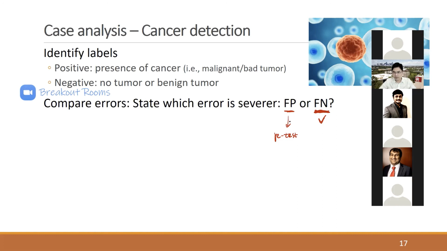In terms of false positive, what's the cost? The cost of a diagnosis, cost that the patient as well as the insurance company bears, or maybe the government, as well as the medical facility. But considering one case, the cost is fairly small.